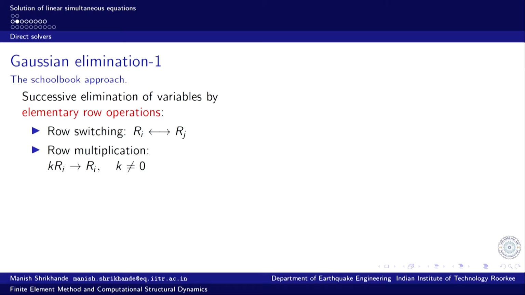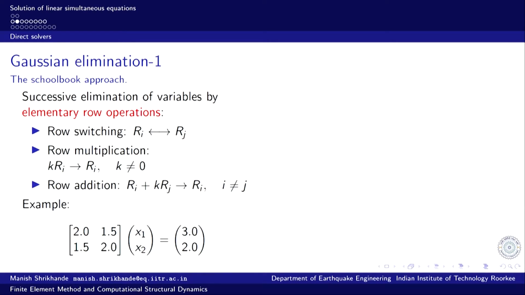All these operations do not cause any change in the solution. Row addition, I mean two rows can be added and replace another row, that is also possible. So, that is also not going to change the solution.